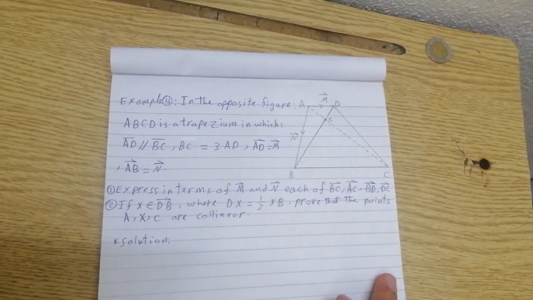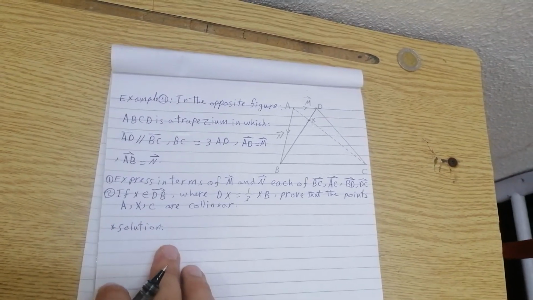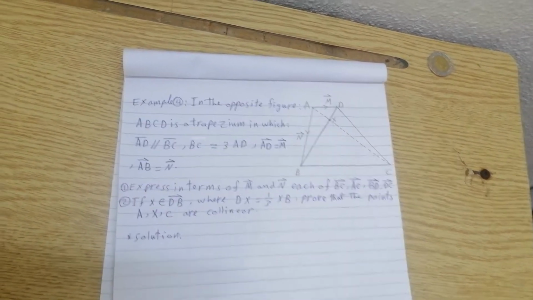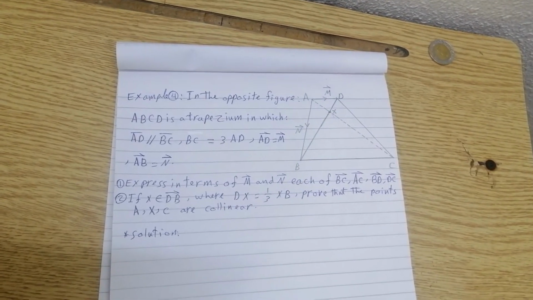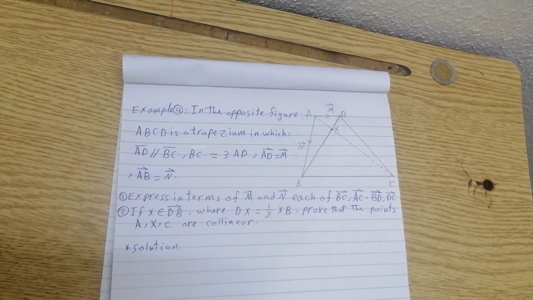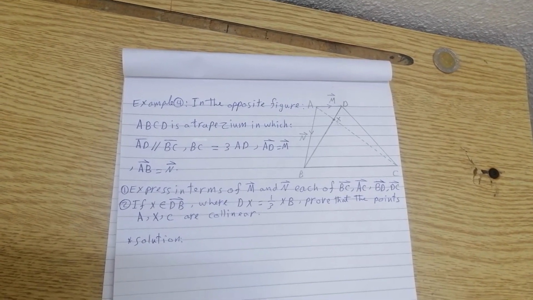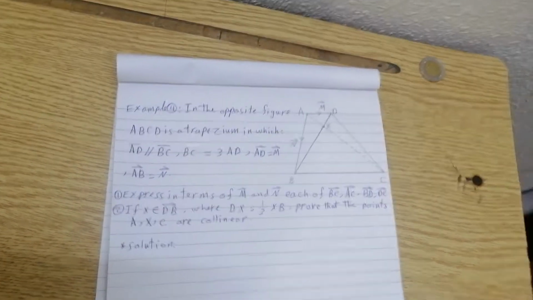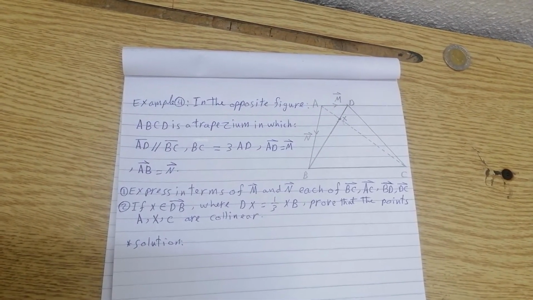We have here another example, example 4. In the opposite figure, ABCD is a trapezium in which AD segment is parallel to BC segment, and BC equals 3AD, 3 times AD.